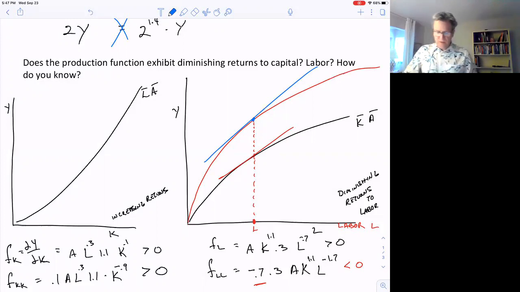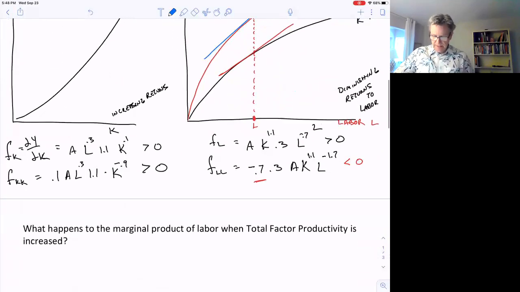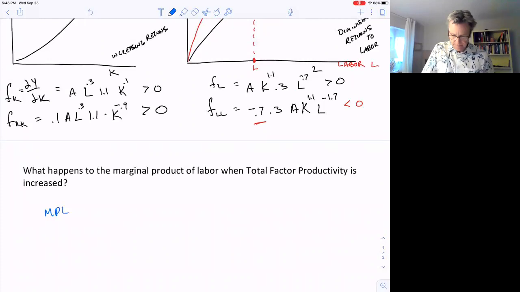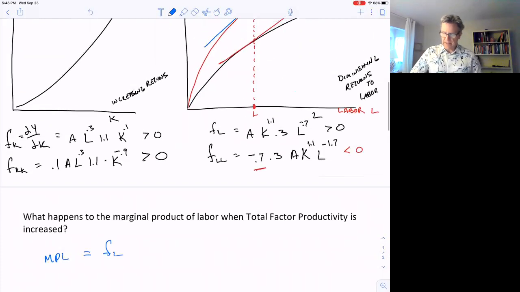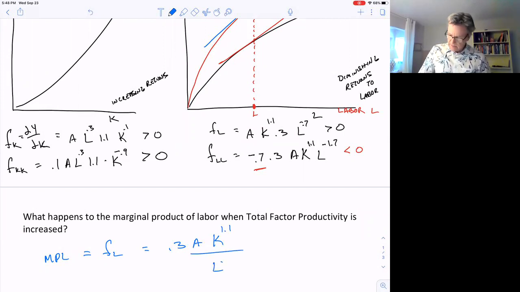And if I've done it halfway decently, we should see that that blue line has a steeper slope than the red line, meaning that marginal product of labor is higher. Now remember that marginal product of labor is the derivative, which we said was 0.3 times A times K to the 1.1 divided by L to the 0.7.